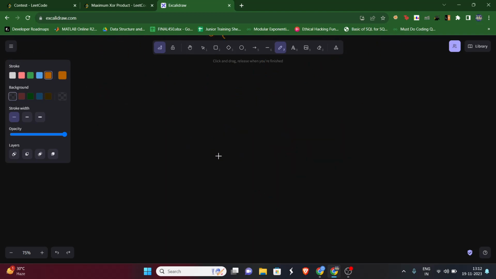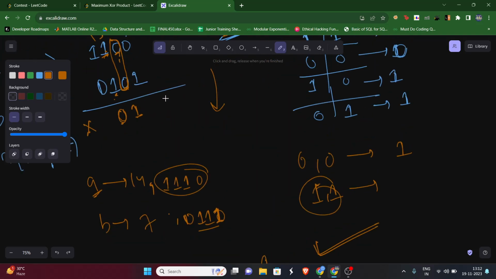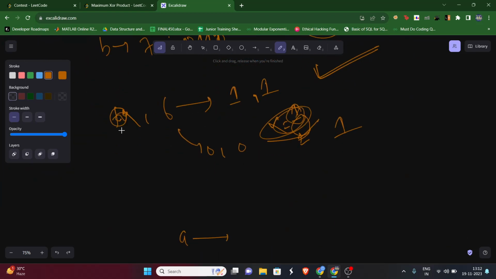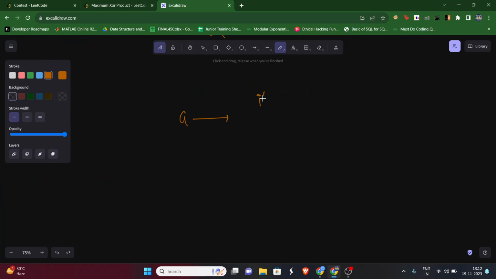Now the only problem arises if, let's say, taking the same example, in a the ith bit is 0 and in b it's 1. Okay, so here we have two possibilities.